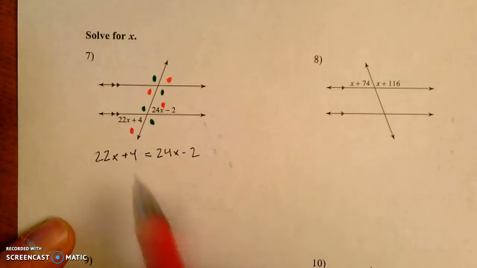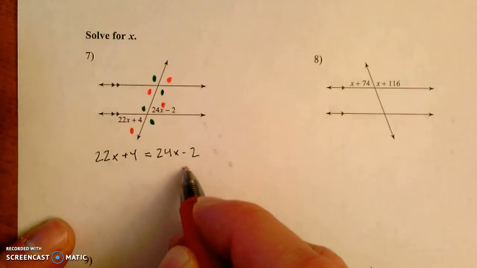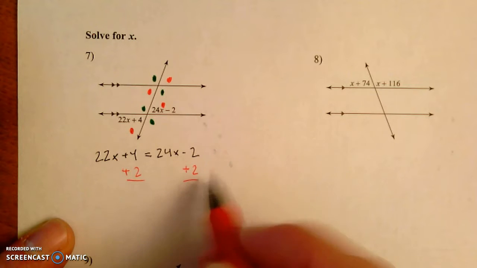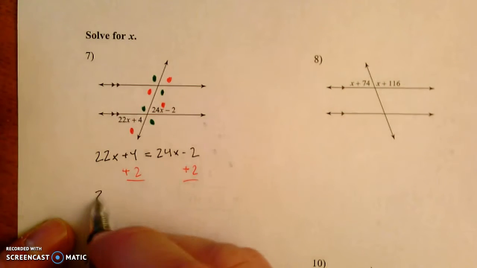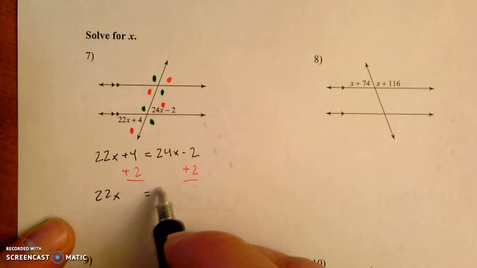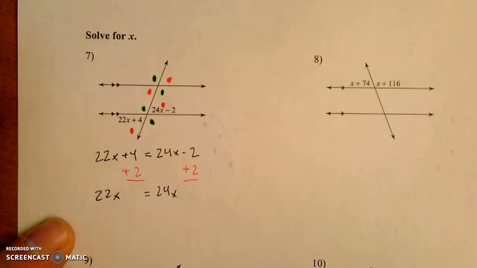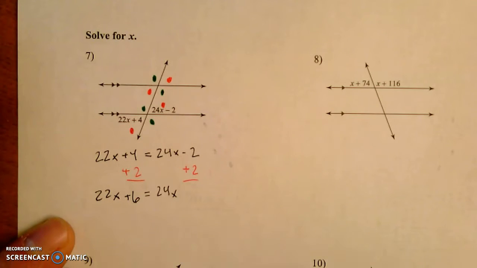And here we're just solving equations with variables on both sides. So let's see, first thing I'm going to do is I want all my variables over here. How about that, since I've already started that way. So we're going to add 2 to both sides to get rid of this negative 2 over here. And that leaves us with 22x equals 24x, the negative 2 works out to be 0, and over here, plus 6.